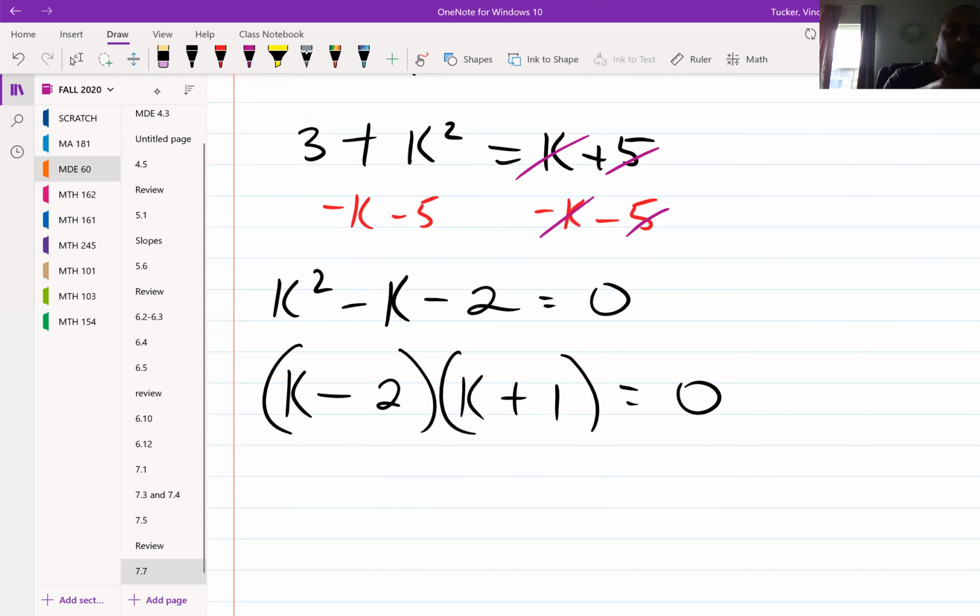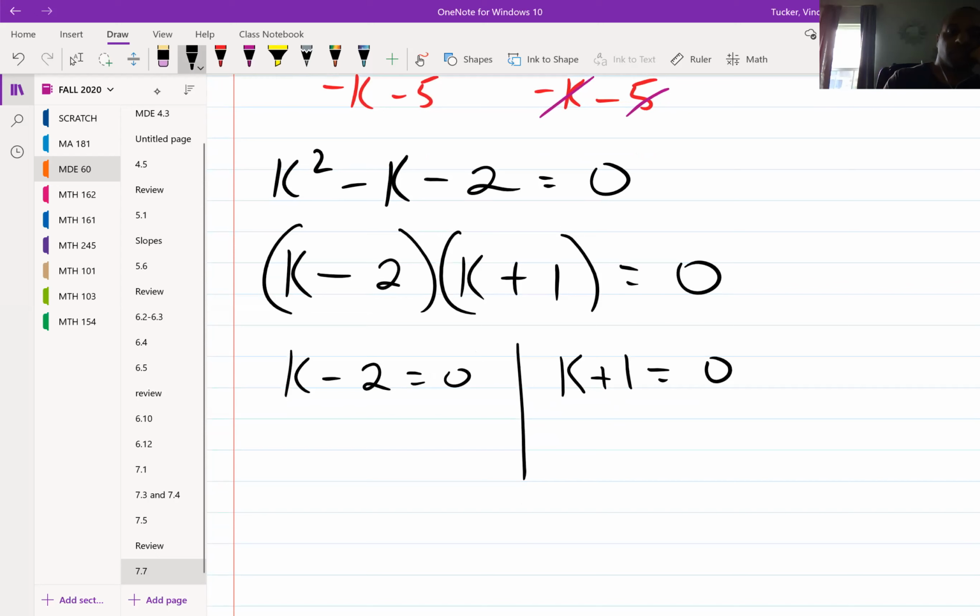When I see a subtraction sign by the 2, they're going to be different. You got it, in order to put the positive and the negative. So k plus 2, k minus 1.